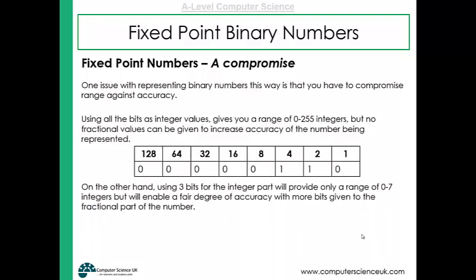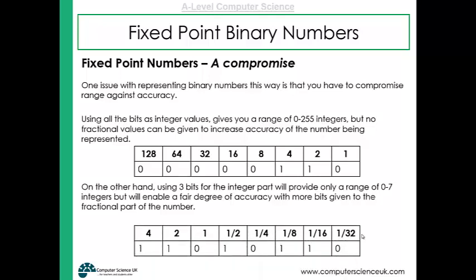But on the other hand, if we use just 3 bits for the integer part, that will provide only a range of values from 0 to 7. But what we can then do is actually have a fair degree of accuracy with the other bits given to the fractional part of the number. So it's always a compromise between the range of values that we can represent and the accuracy of those values.